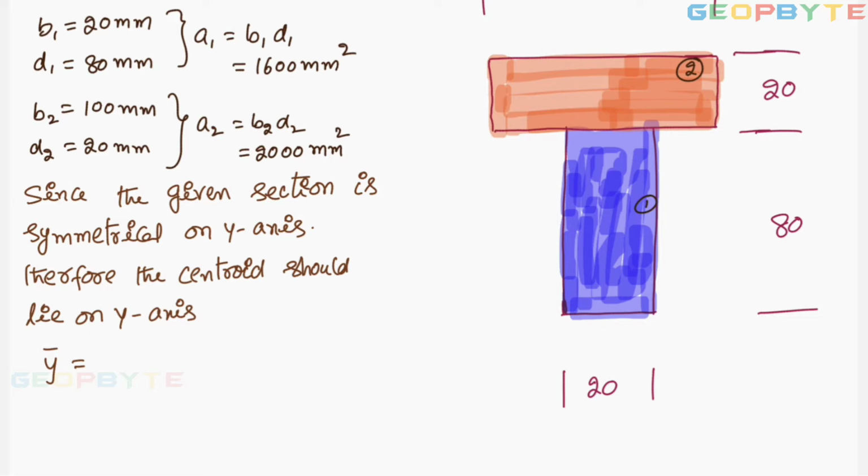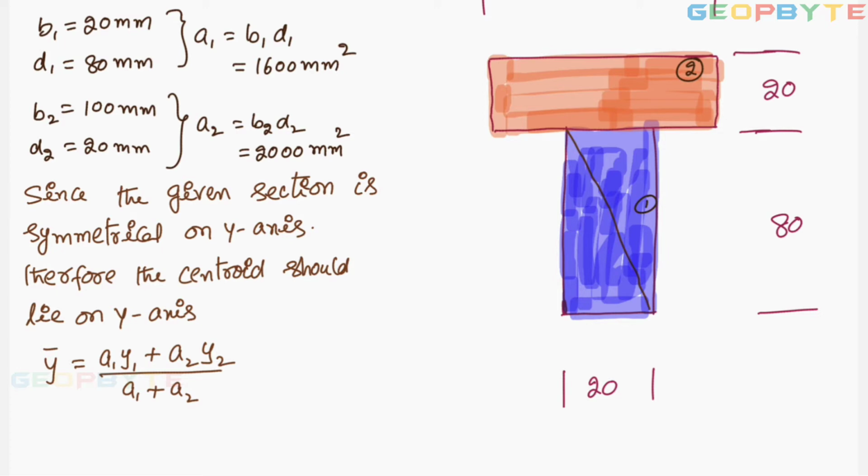Now y bar equal to a1 y1 plus a2 y2 divided by a1 plus a2. This is the formula. Now first let me mark the y1 y2. Join the diagonals for section 1 like this.